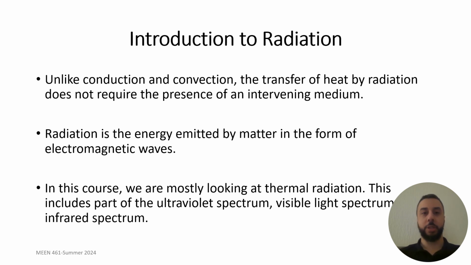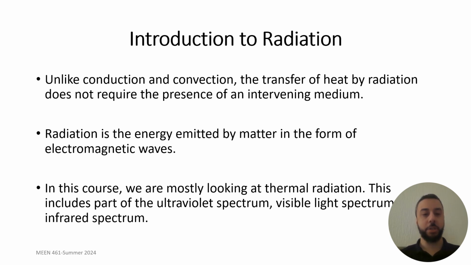If you've done the heat transfer lab, you'll remember our radiation heat transfer experiments. We used a vacuum pump to remove any air, and we assumed all the heat transfer to be through radiation. So you do not need any material for radiation to occur, and that's one of the major differences between radiation, convection and conduction.